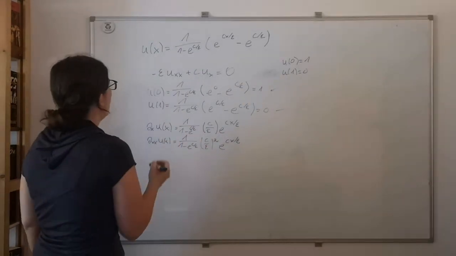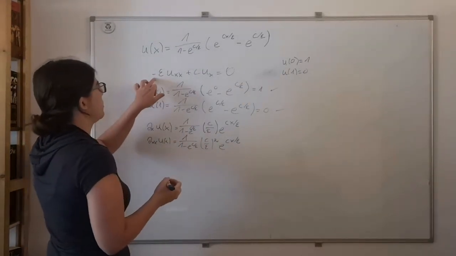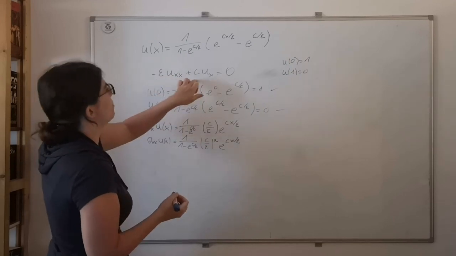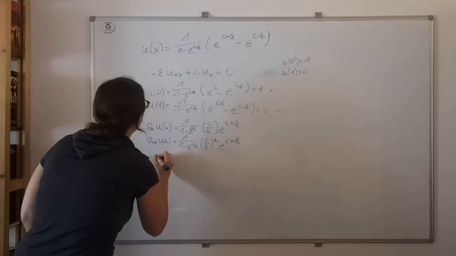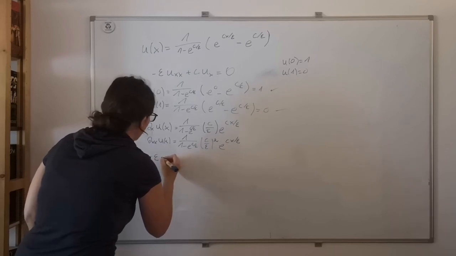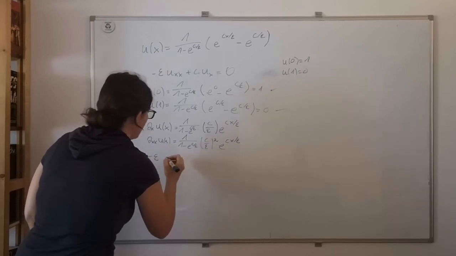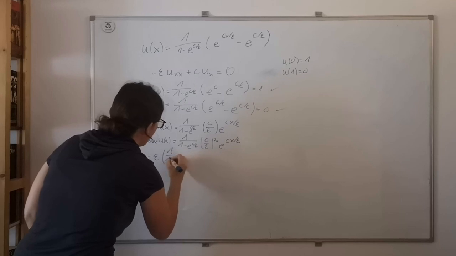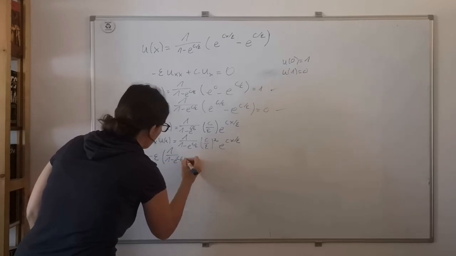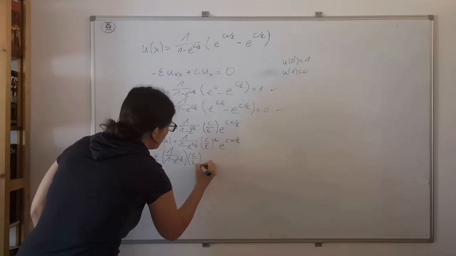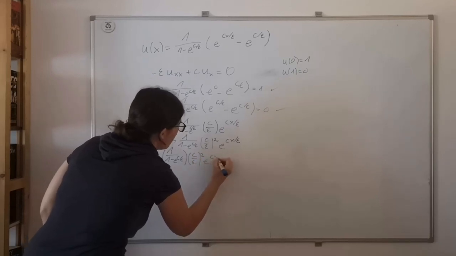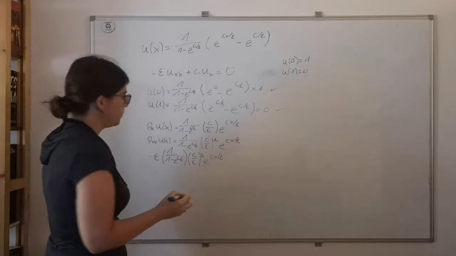Okay, and now we just need to see that when we multiply this with the first one with epsilon and the second one with c, that we get 0. So minus epsilon, I'll write all of them out. 1 minus e to the power of c epsilon, c divided by epsilon squared, e to the power of cx divided by epsilon.